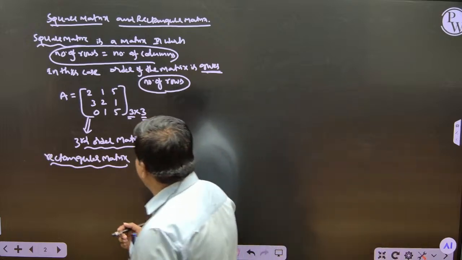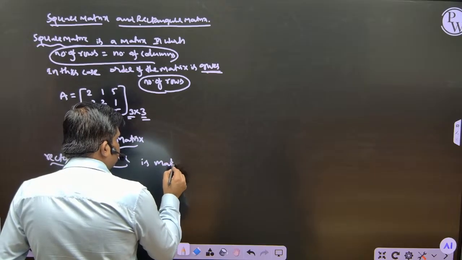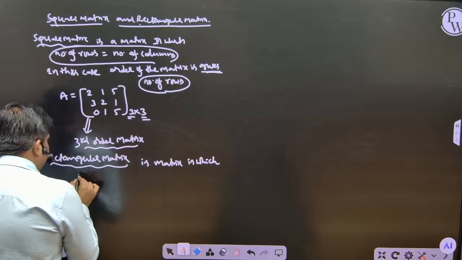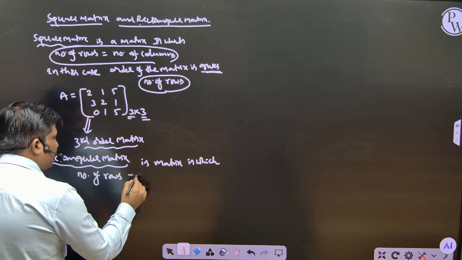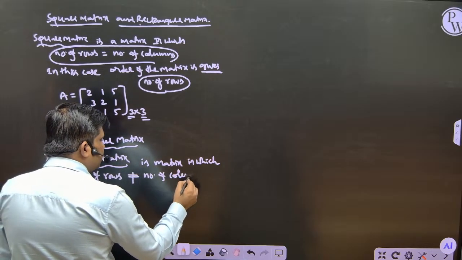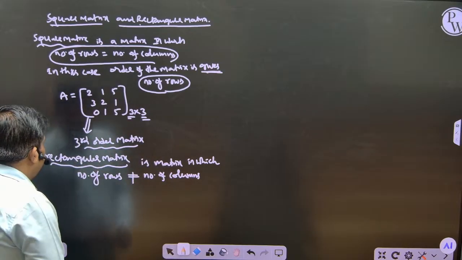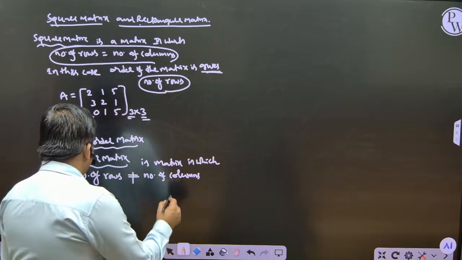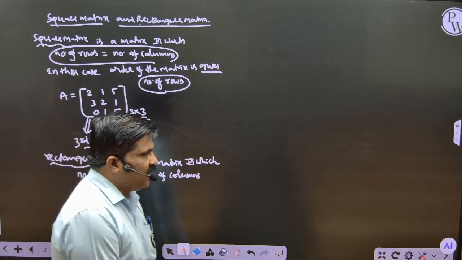A rectangular matrix is a matrix in which the number of rows is not equal to the number of columns.